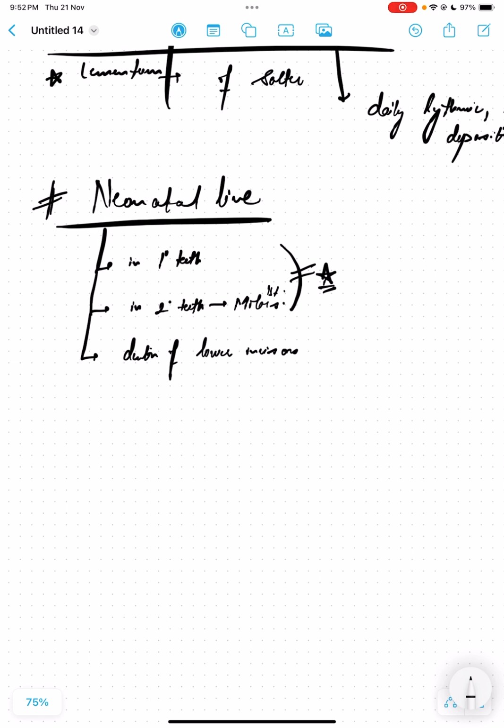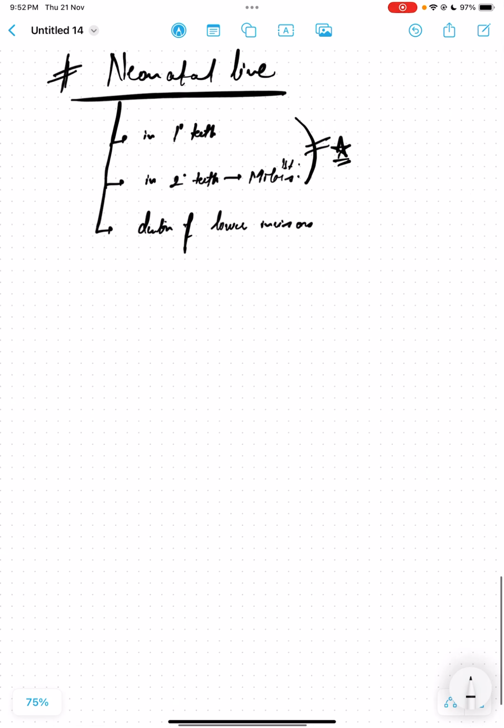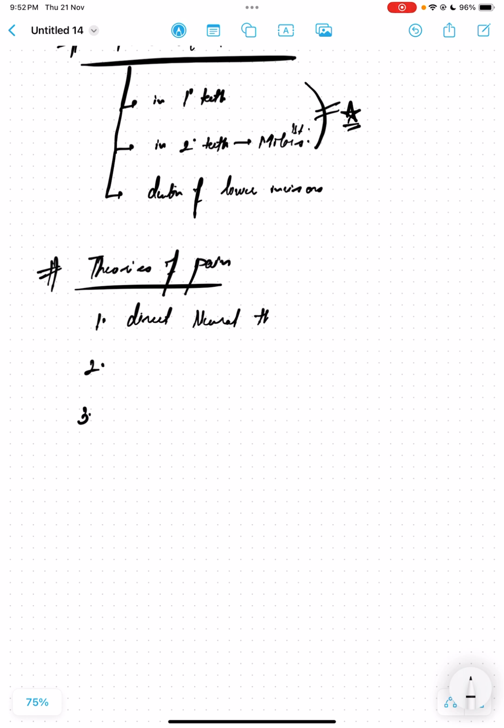Now we will study the theories of pain. Basically, there are three theories of pain. Firstly, I am mentioning only the names: direct neural theory, then transduction theory, then hydrodynamic theory.